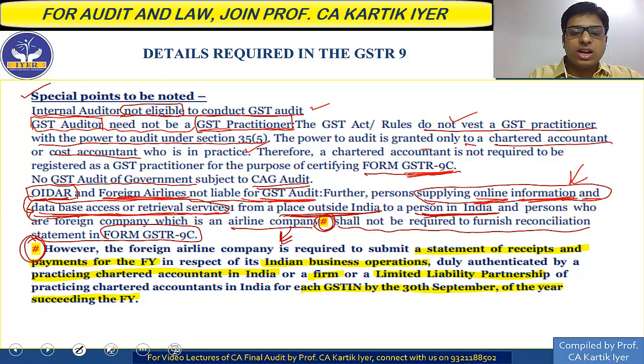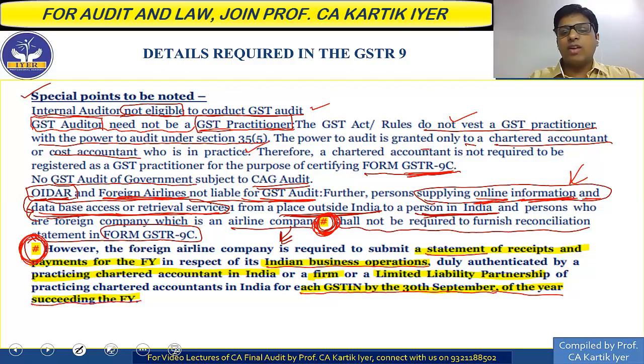But however, if you see here, there is a hash I have made here, and after that hash is repeated here once again. So let's read this. However, foreign airline company is required to submit a statement of receipts and payments for the financial year in respect of its Indian business operations, duly authenticated by a practicing chartered accountant in India, or a firm or a limited liability partnership (LLP) or practicing CAs in India, for each GSTIN by 30th September of the year succeeding the financial year.